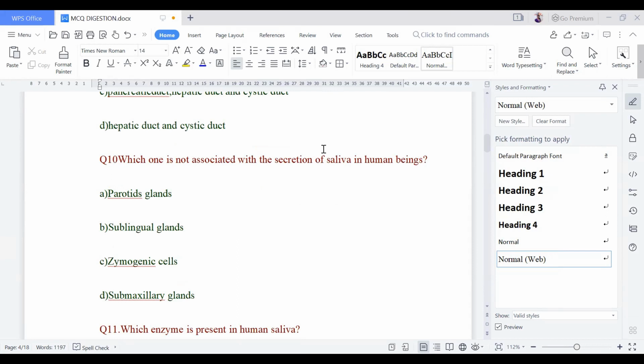Which is not related to secretion of saliva?